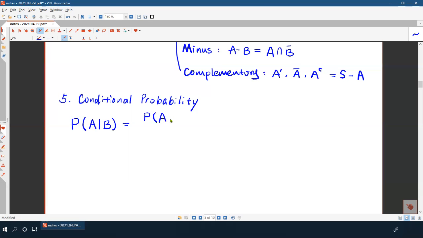Between the probability of A intersect with B over the probability of B, right? Also, you can denote it in a multiplication form, which means the probability of A intersect with B equals P(B) times the probability of A given B, right?